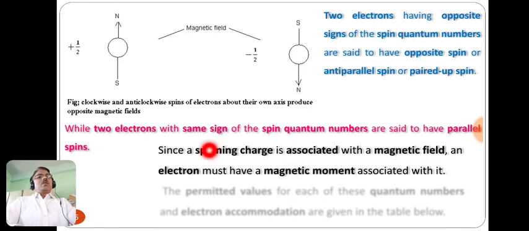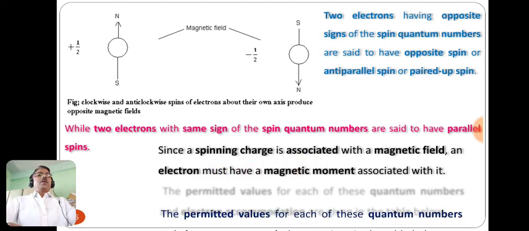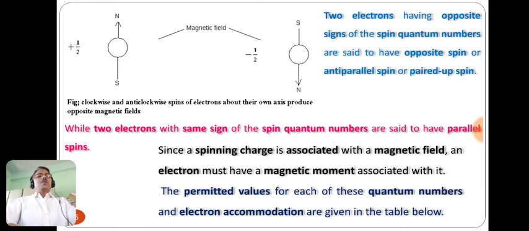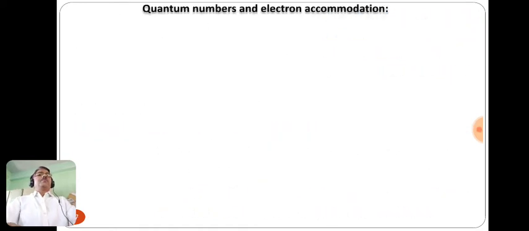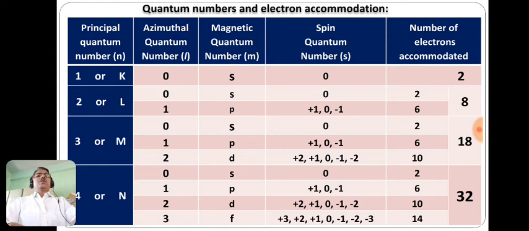Now, we know that a spinning charge is associated with a magnetic field, that is, any charged body undergoing spinning produces a magnetic field. Similarly, an electron is a charged particle that must have a magnetic moment associated with it. The permitted values for each of these quantum numbers and the electron accommodation are given in this table.